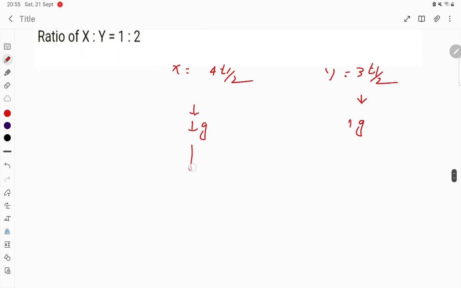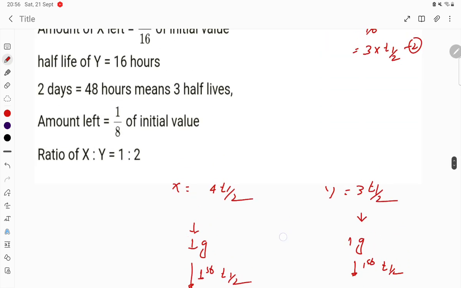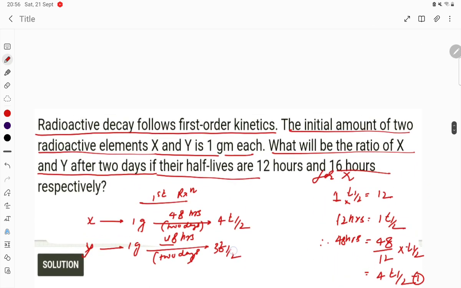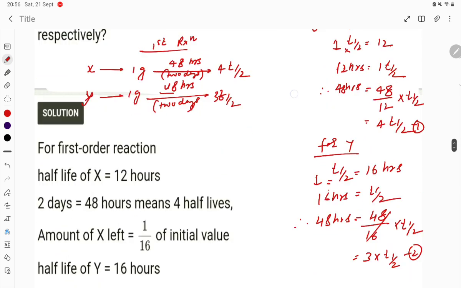So here you see, the first T1/2 means it will be left with 1 by 2 gram, and the same for the other. They are asking what will be the remaining after 2 days.